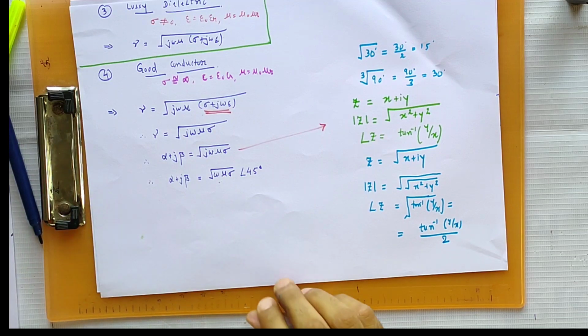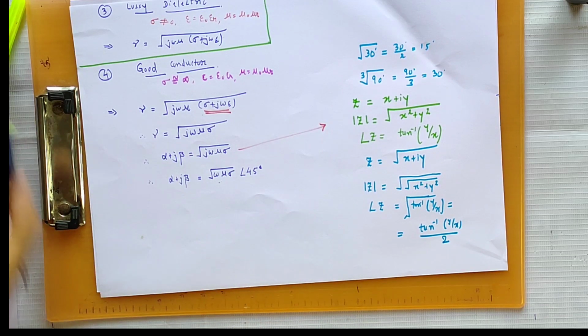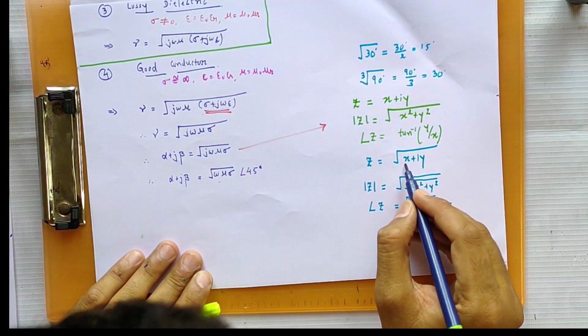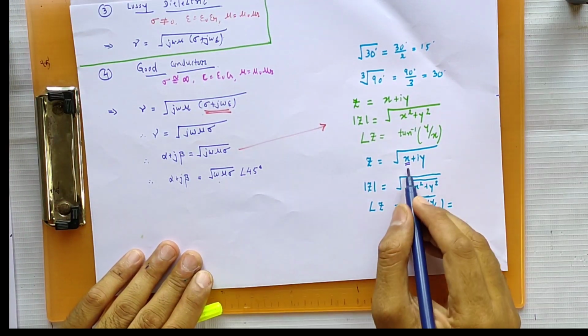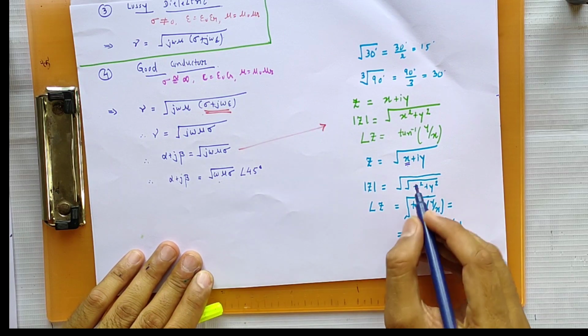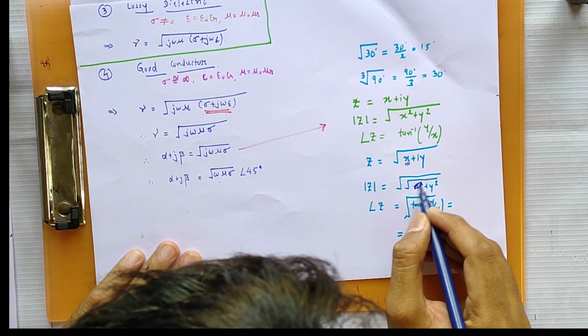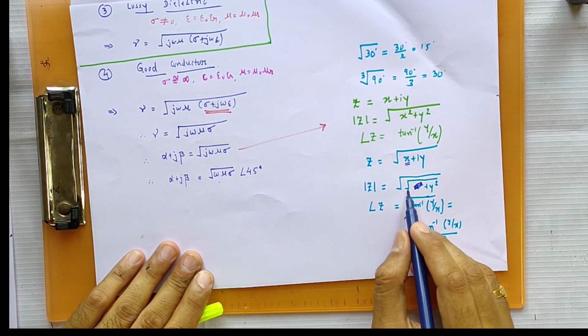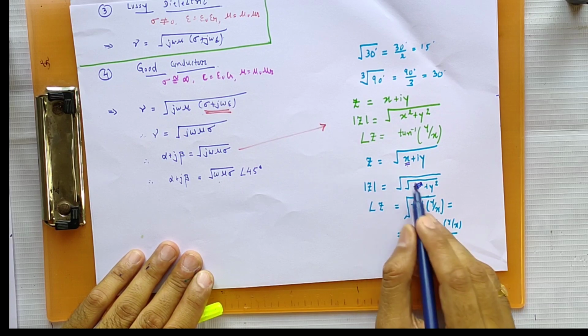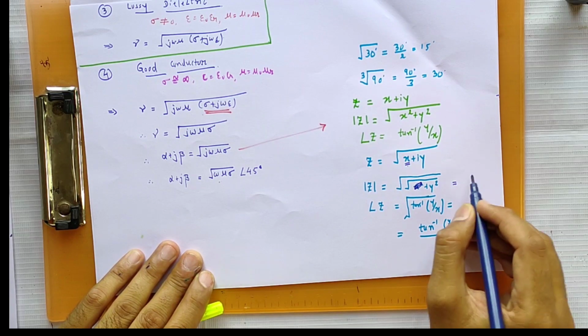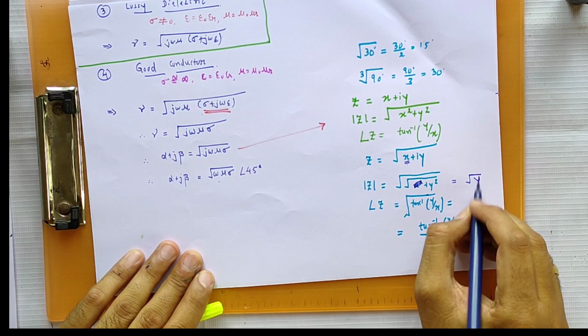In the same case, if x is 0, put x as 0. Then under root of y square is only under root of y.